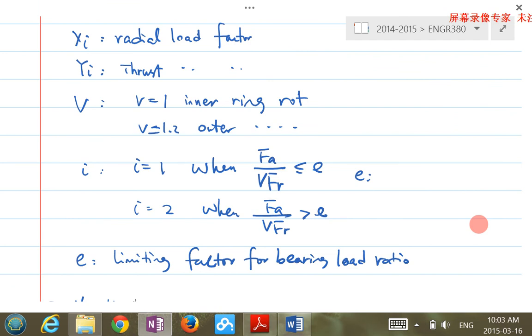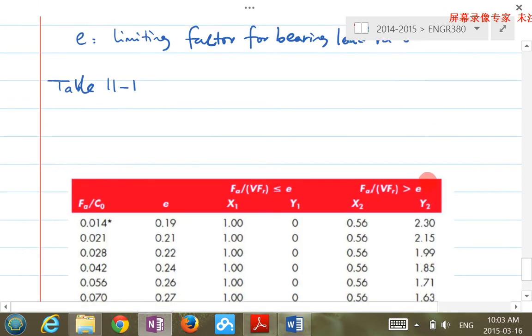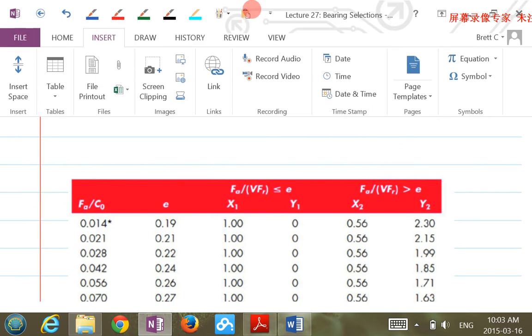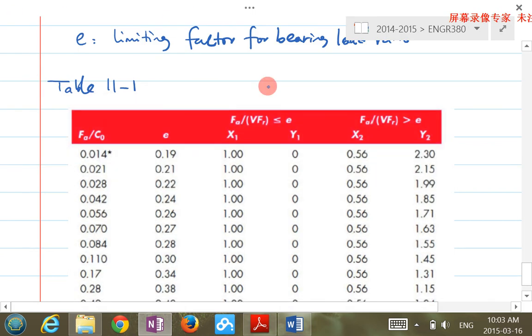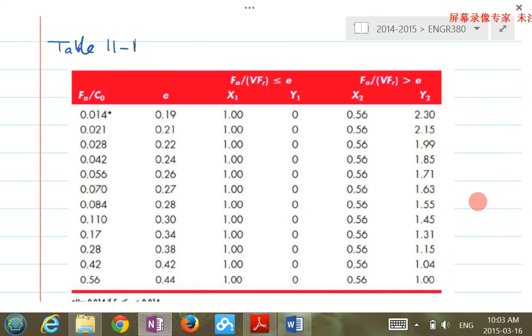Are you done with the writing here? Okay, I'll move up the table here. So this is the table. If you look at this table, all the selection procedures are based on it. The first column is Fa over C0, and the second column is e, and then you have X1, Y1, which is when i equals 1, and this is when i equals 2.